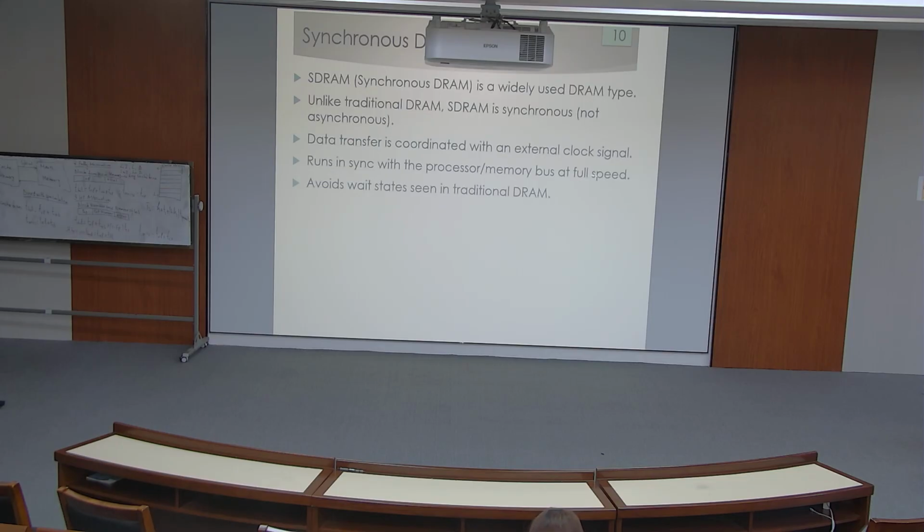So this is what we are looking for: full speed between the central processing unit and the main memory. This way, we avoid the wait state of the central processing unit, which has been observed when using the traditional DRAM, because the data has to be transmitted in coordination with an external clock signal with the central processing unit.